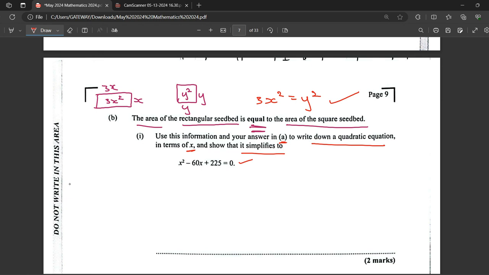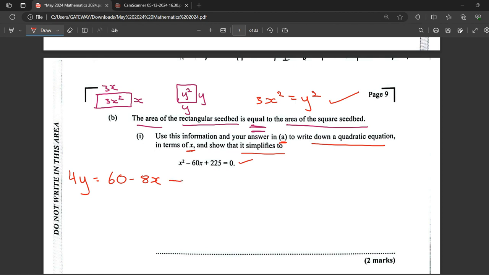But I have what y squared is in terms of x. So I could write this back in a different color: 4y is equal to 60 minus 8x.